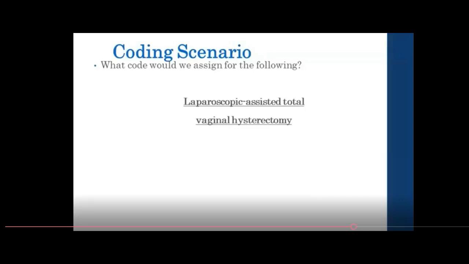So at 0UTC, now we need to go to our fifth character and do our approach. Now you'll notice that F is not a choice. F is not a choice like it was for the uterus because they're not removing the cervix the same way that they did the uterus, just because the cervix is a different organ.